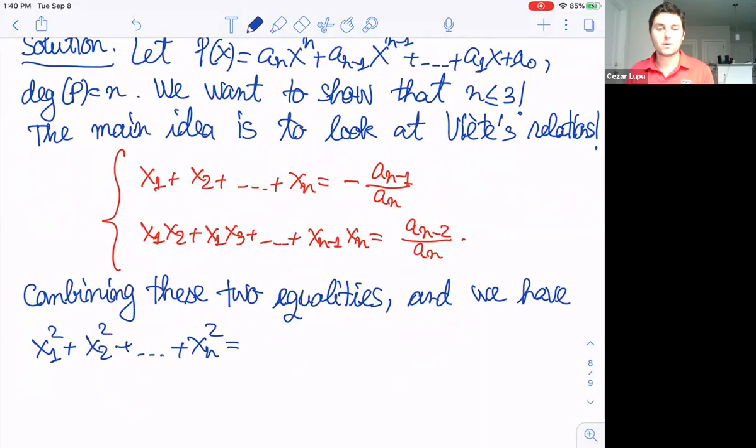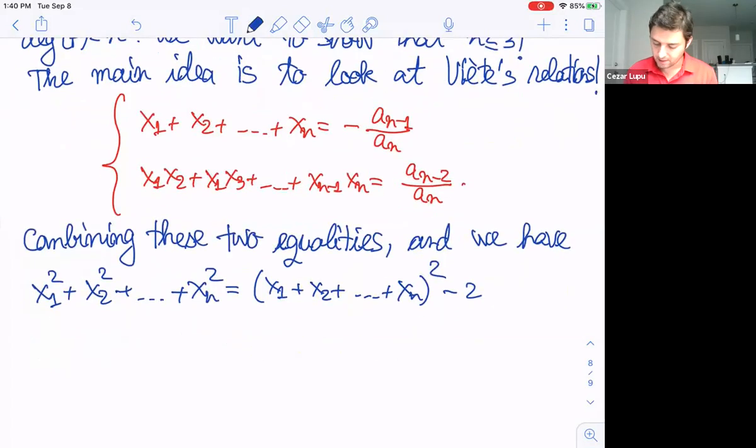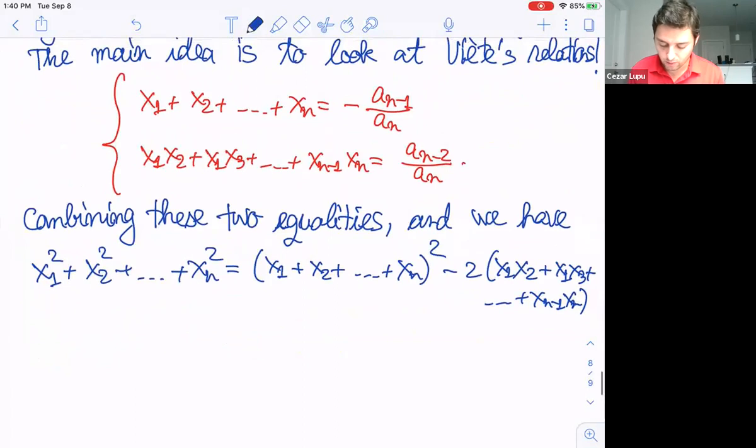Well, you can write it as (x1 plus x2 plus ... plus xn) squared minus 2 times (x1x2 plus x1x3 plus ... plus x(n-1)xn). That was the trick. And now we know each one of them.